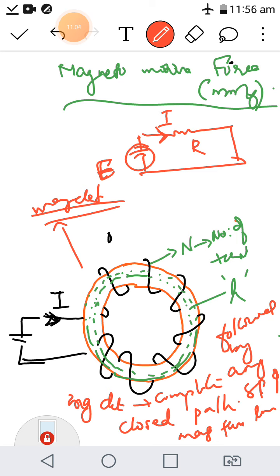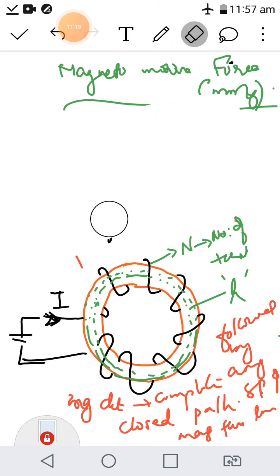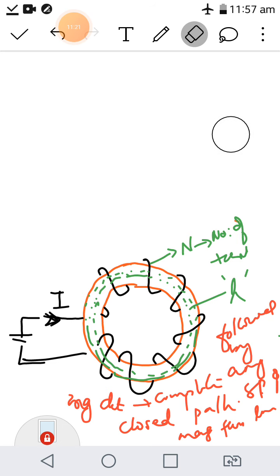So similarly, analogous to EMF, there is one force in a magnetic circuit which is called MMF, and MMF is the driving force behind the magnetic flux lines. So I can write this definition for MMF now.